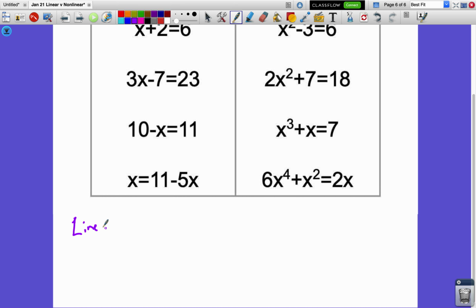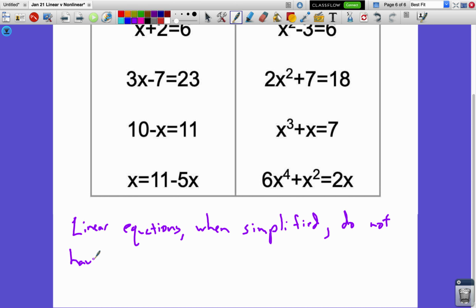linear equations, when simplified, because you need to simplify before you can even evaluate it, do not have exponents bigger than 1.